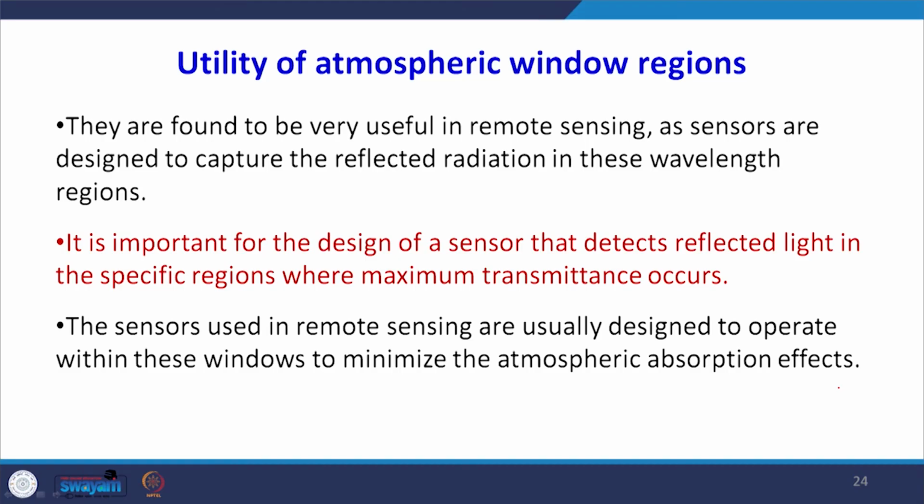Secondly, if we are collecting data from a radiometer, field based instrumentation, these are the regions where we can collect the data with confidence, and if we are designing a sensor, it should operate in these wavelength regions to give us the maximum information content. So, this is all about this lecture. Thank you.